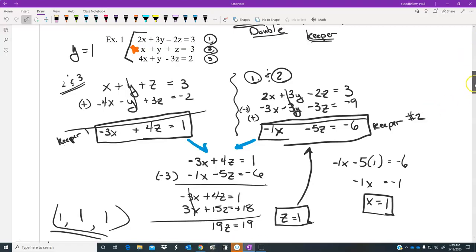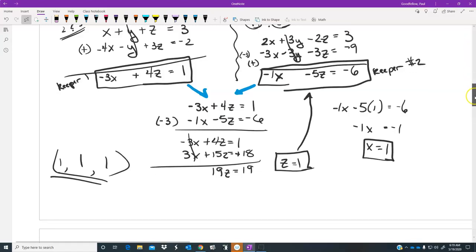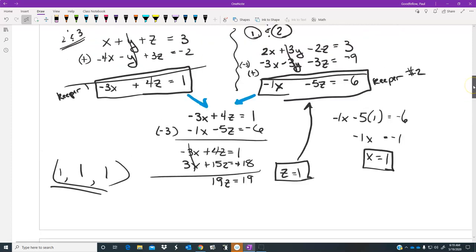Now, if for some reason you end up losing variables in your eliminations, which we've seen in the past, it will just mean that those 3 equations don't have an ordered triple solution. And if for some reason you get a no solution or an all solution case, you might be sitting in one of those particular cases. Now, an all solution is very rare, where all 3 equations are the exact same thing.